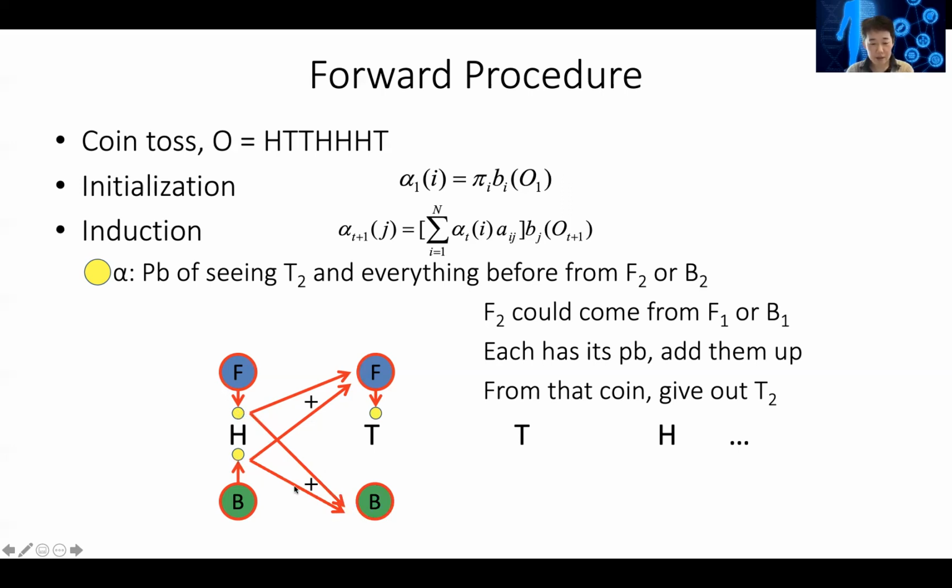The other option is to come from the bias coin, and we inherit this yellow alpha number here from the bias coin, and then transition from bias to bias coin. That's the transition probability. We sum this together, and so now we know we are using a bias coin. But using this coin, there is also an emission probability of giving out a tail from the bias coin.